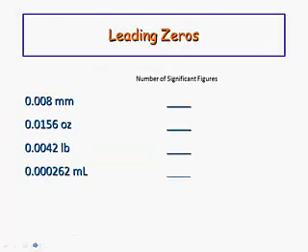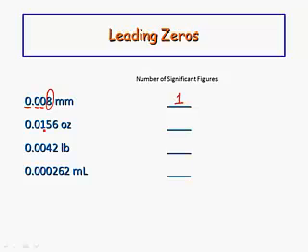Okay, so let's look at these examples here. Here we have, again, a 0 that is only there to accentuate the decimal point. Then we have these 2 zeros there that are placeholders, which leaves us with this 8, which is the only significant figure in this measurement. And so this has 1 significant figure.